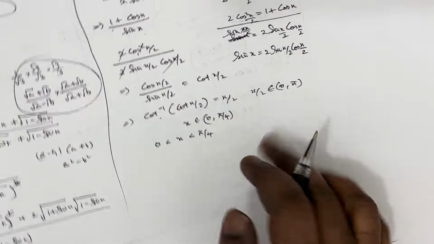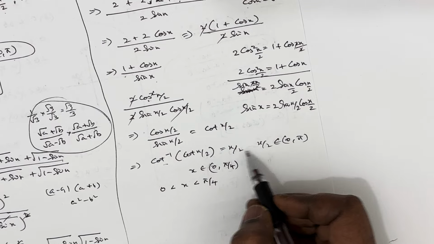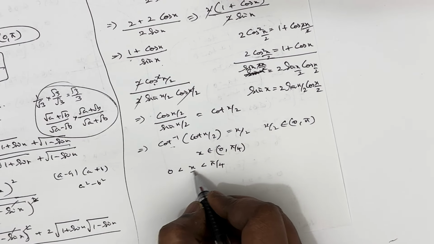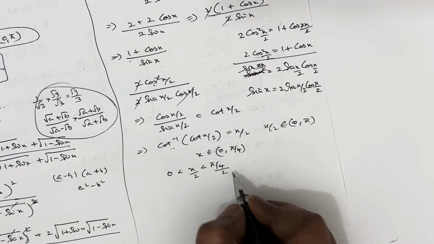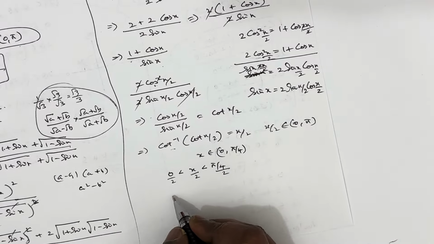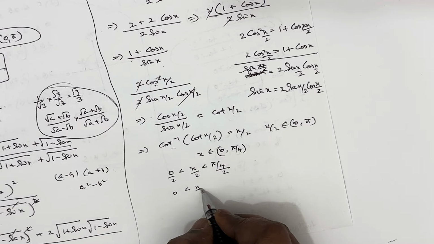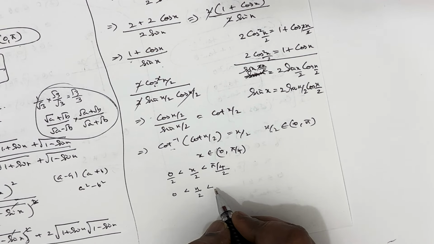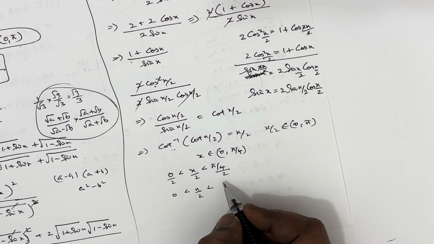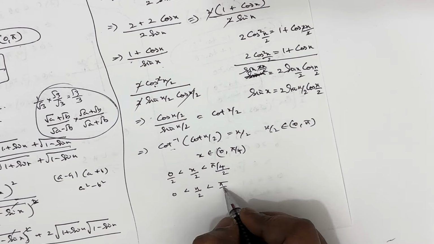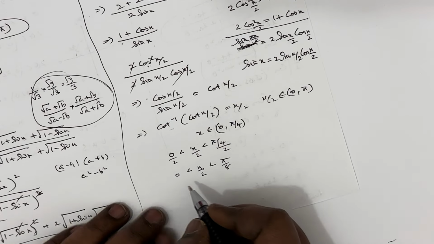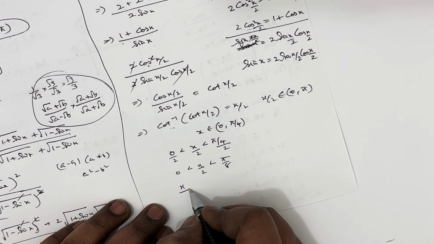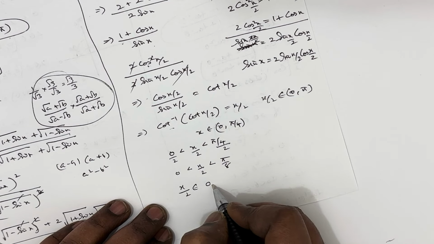Now we need to check x by 2, so let's divide by 2 everywhere. So this will be 0 less than x by 2, which is less than pi by 8. So this can be written as x by 2 belongs to 0 to pi by 8.